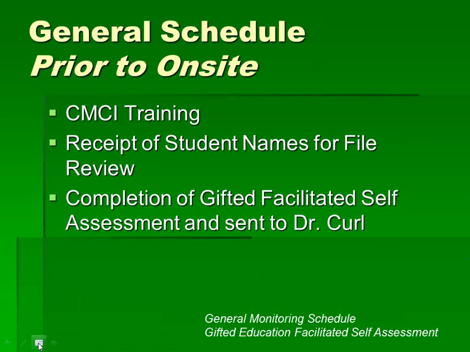In terms of the files, you will be receiving names that are randomly selected, and those names will come to you. We are trying to get those out early for the first monitoring, because that one is in early November.